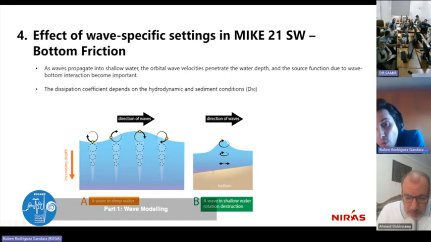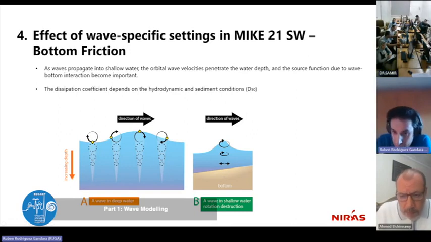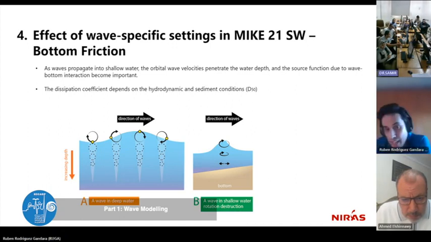But when we go into shallower water, what happens? That circular motion starts to interact with the seabed, and interacting with the seabed, it starts suffering from drag and friction. Those circles start becoming kind of an ellipse, going back and forth.